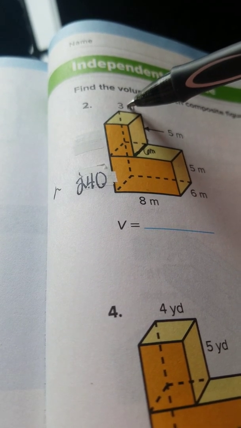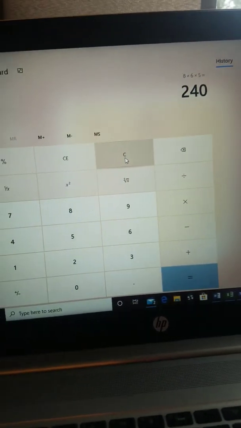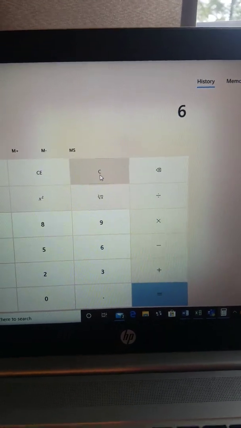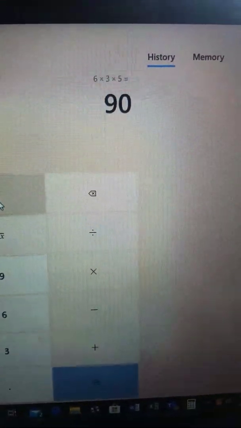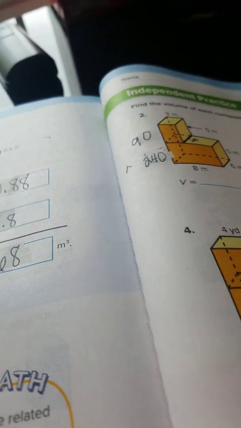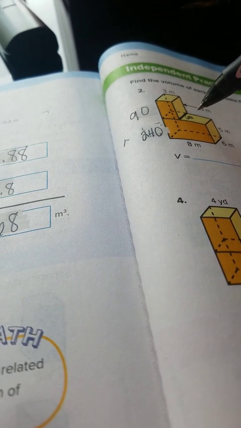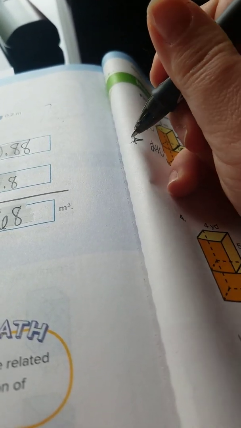So it's 6 long by 3 wide by 5 high. 6 times 3 times 5. And we get 90. The good news is with multiplication, the order that you multiply won't change your product.